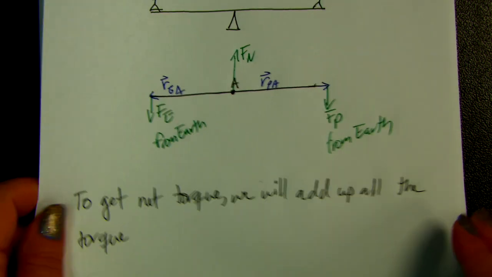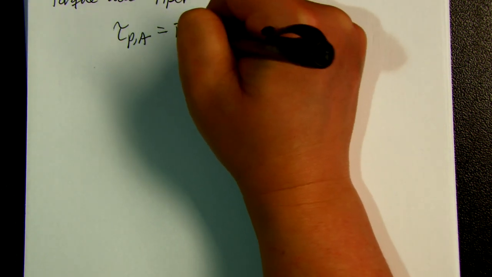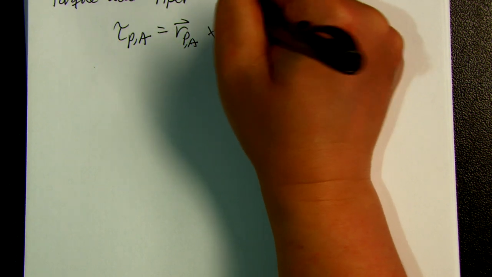Okay, so torque due to Piper, then you would have torque of Piper relative to A is equal to R of Piper to A crossed with the force on Piper.